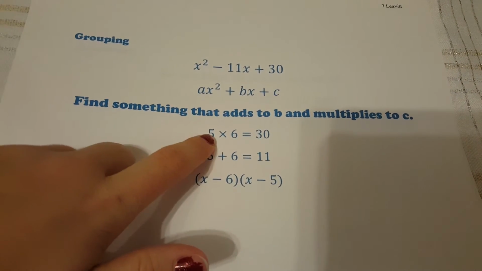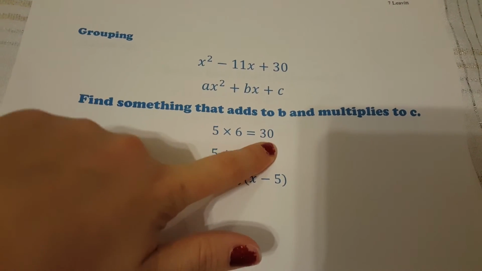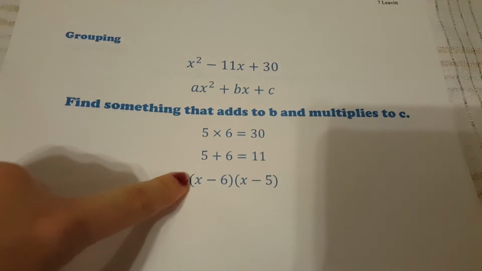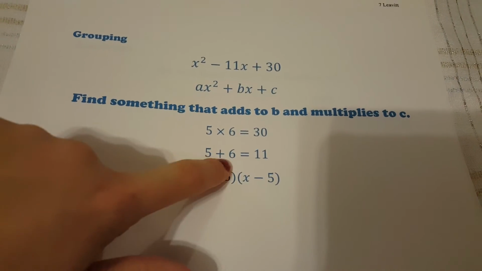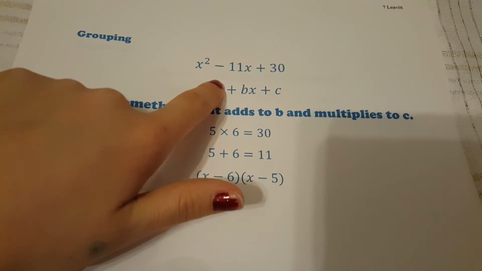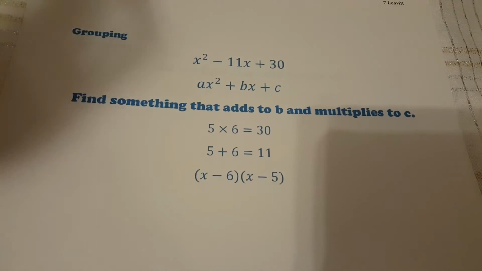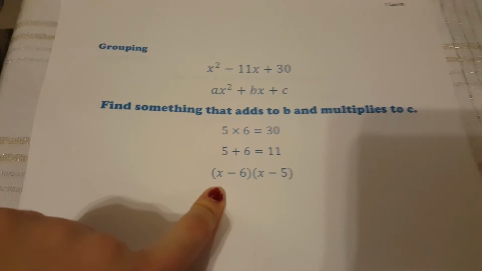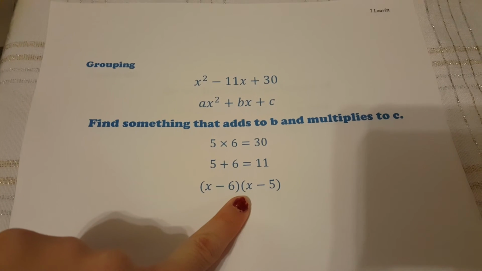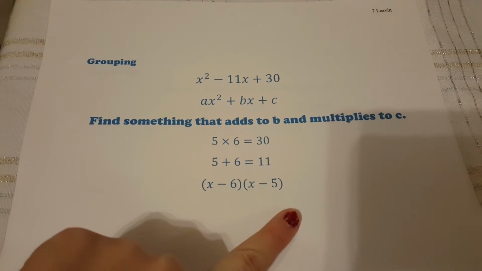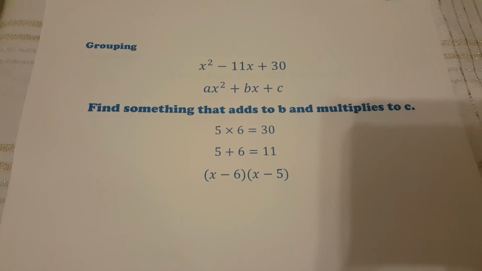So for example, 5 times 6 equals 30, and 5 plus 6 equals 11, which is right there. So that's exactly what we needed. So then we find that x subtract 6 and x subtract 5 are both factors.